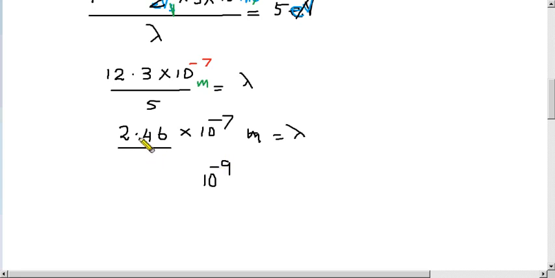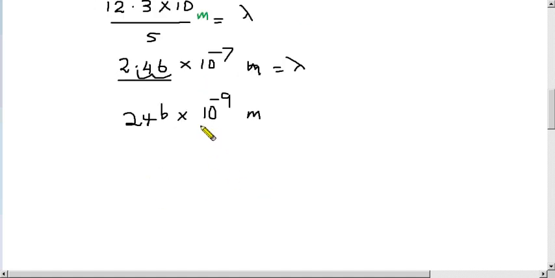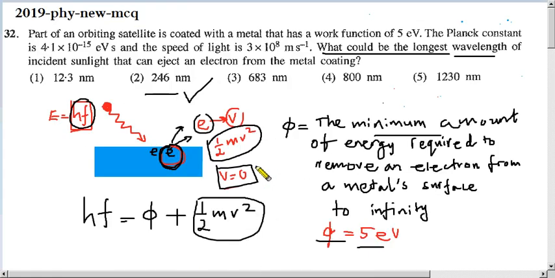So you have to move this decimal point 2 times, then 2 4 6, this in meter. If we neglect this 10 power minus 9, just 2 4 6, then that is nanometer. So lambda equals 246 nanometer. So the second one is the answer.